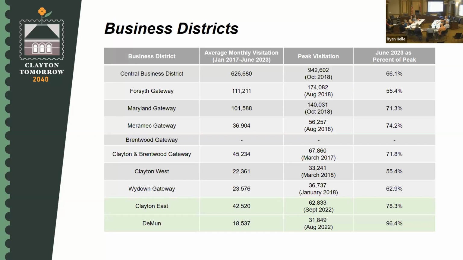Well, and I think what's interesting to me is looking at Clayton East, even Clayton West. From a business district standpoint, it would be really important to also think about regionalism, because those commercial corridors don't live in isolation. Like there's a Schnucks across the street, there is Esquire across the street.